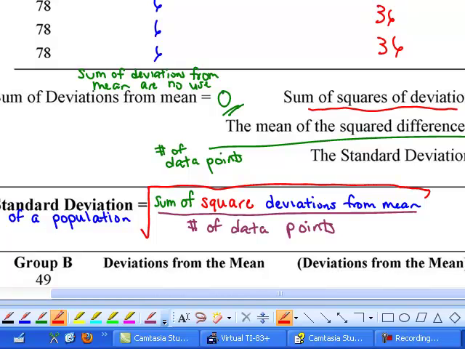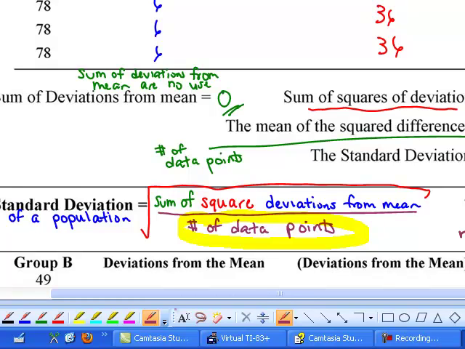Okay? Now, just as an aside, if you are looking for the standard deviation of a sample, then there's one small change, and that's where you take the number of data points and replace the denominator with this.